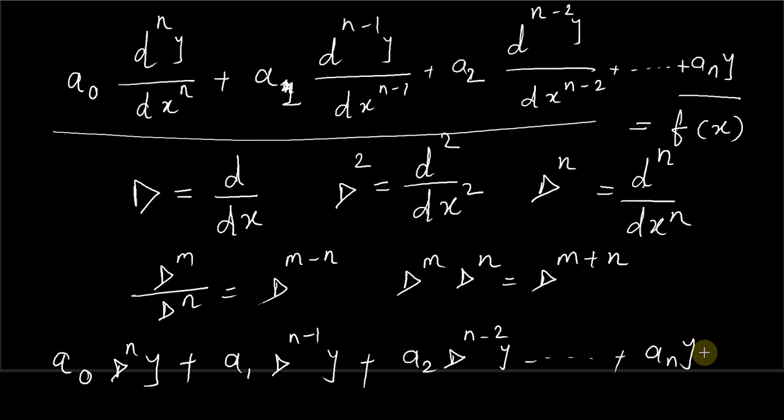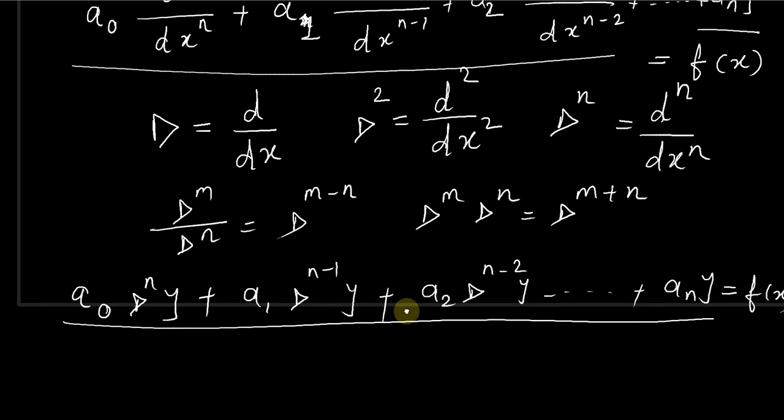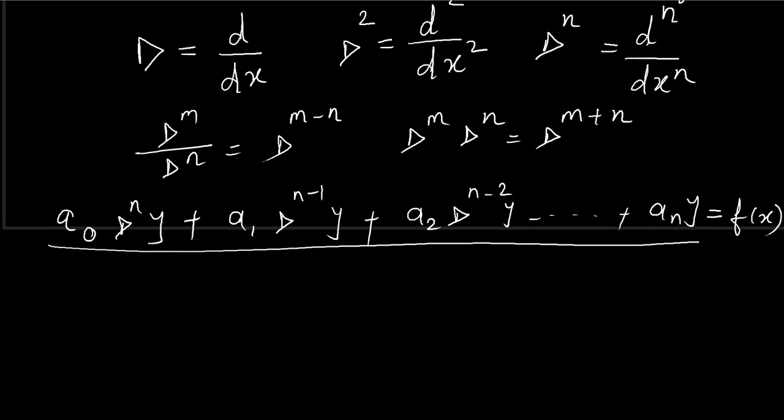Last term, there is no derivative, so as it is, y is equal to f of x. As we can see on the left hand side, there is operator operating on y. So we can take y common here, because each term is operating on y.